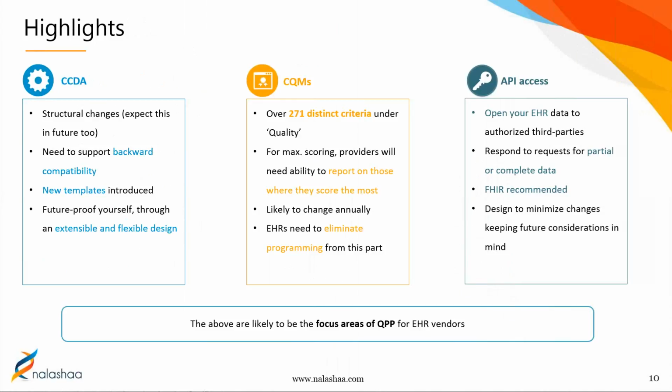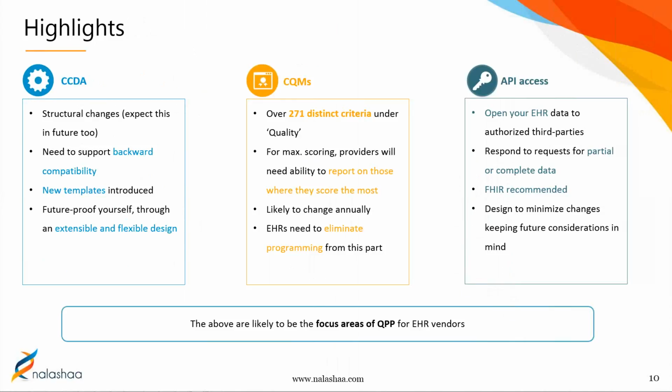So this list is going to increase, and every year we all know that we have to update these quality measures based on the PQRS and report them. So annually these are going to change, and the EHRs will have to update to the newer versions of the coding systems.